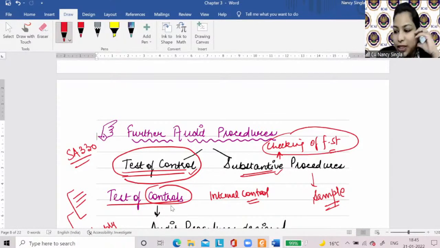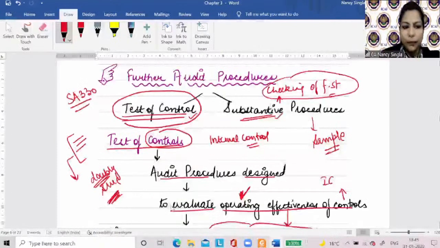Okay. So students are saying no ma'am, we will not do that, because see Pooja is writing it correctly, because the procedures under SA 330 are performed as a response to the risk assessed under SA 315. Right? So SA 315 gives you a basis, a foundation as to what all procedures you are going to perform under SA 330. Okay?